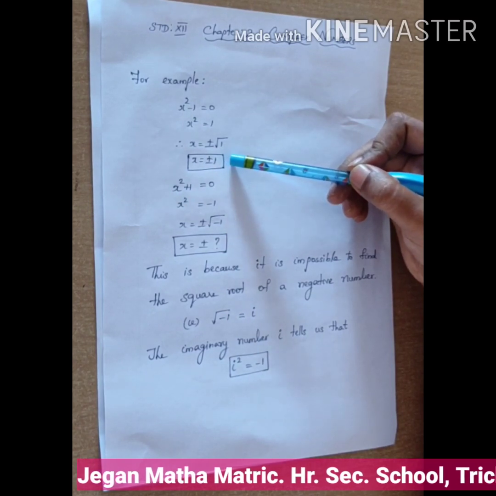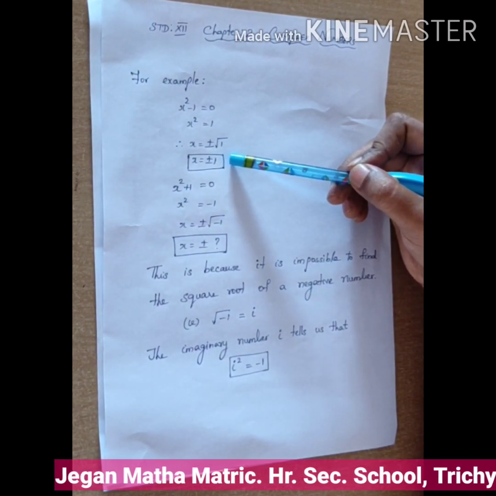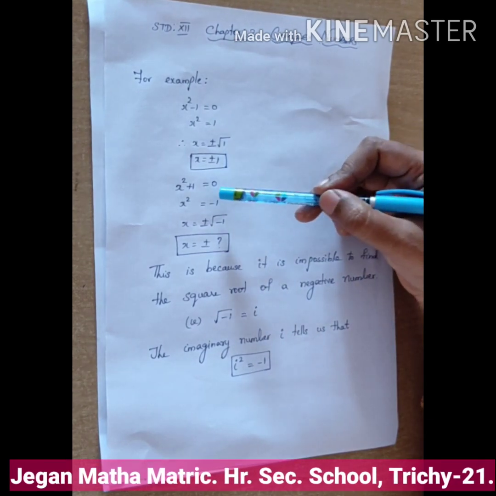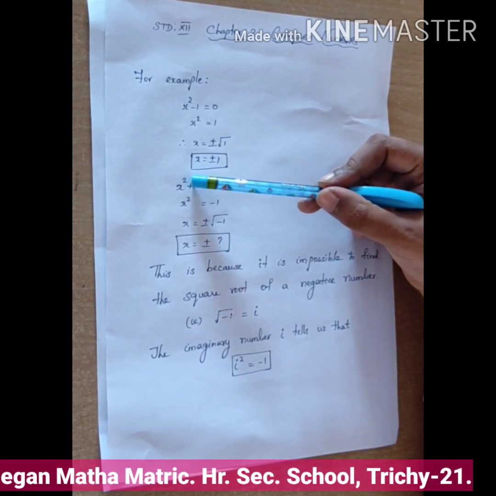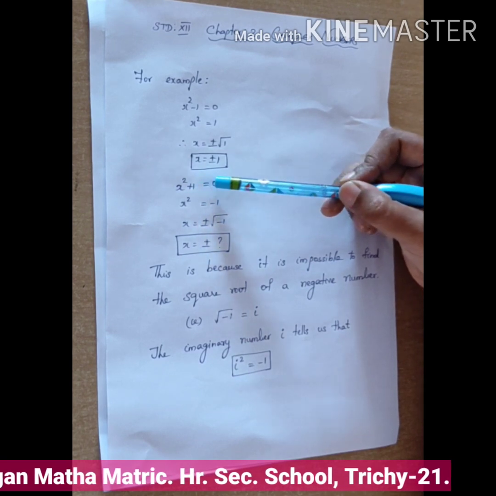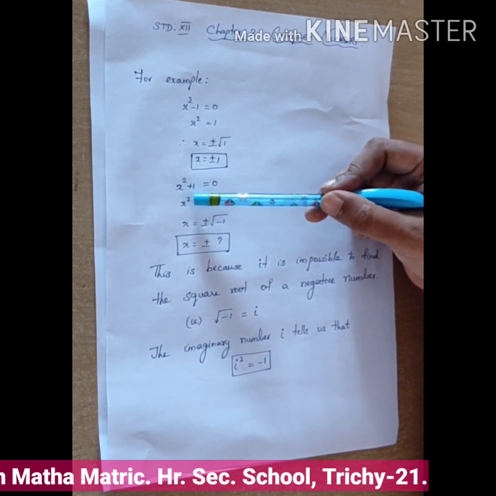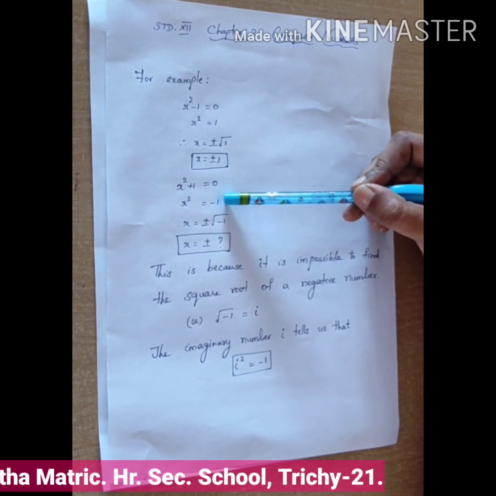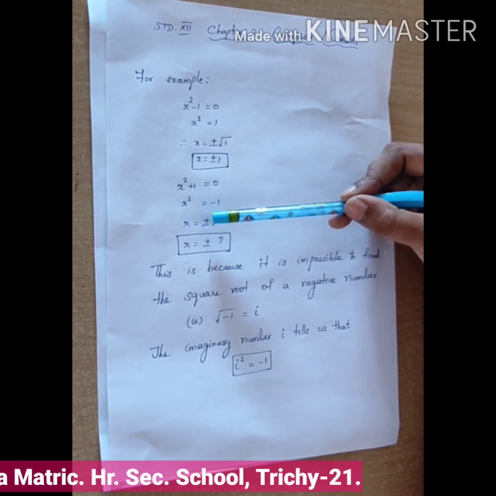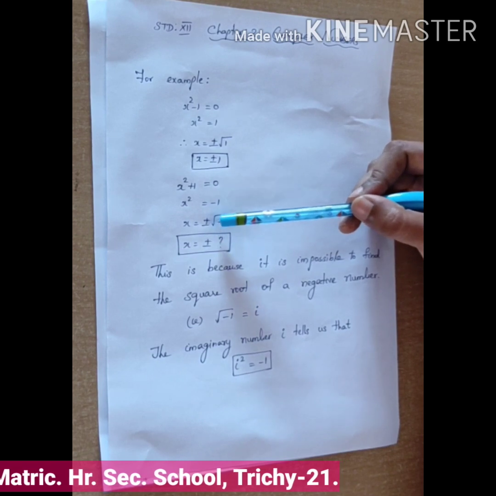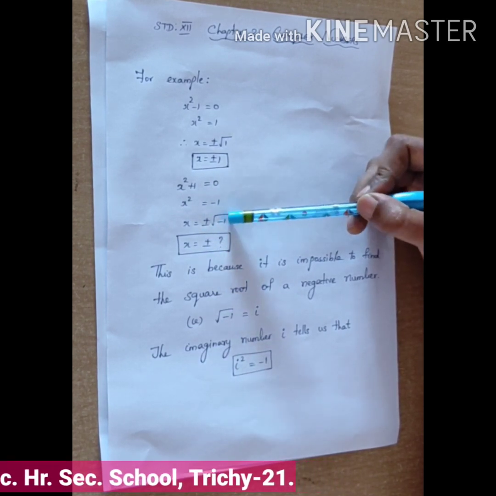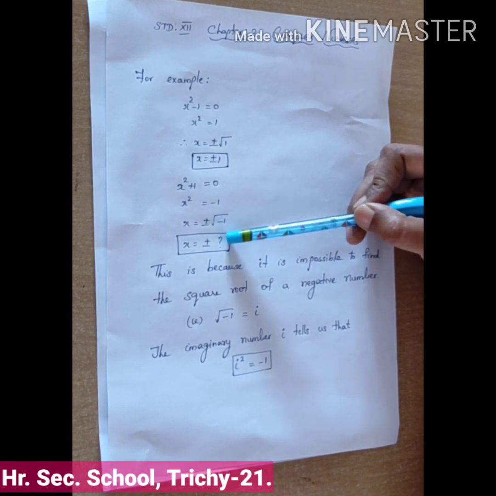This we know how to find out, the square root of an ordinary number. Now let us see the second equation, x square plus 1 equal to 0. So what is the value of x square? x square equal to minus 1. So x is equal to plus or minus square root of minus 1. What is square root of minus 1? We don't know that.